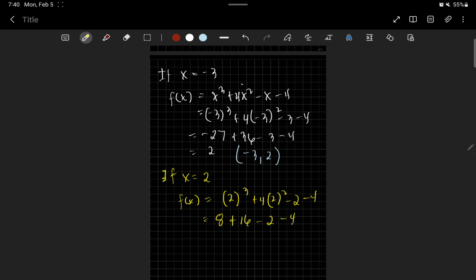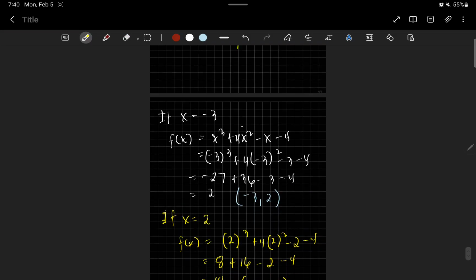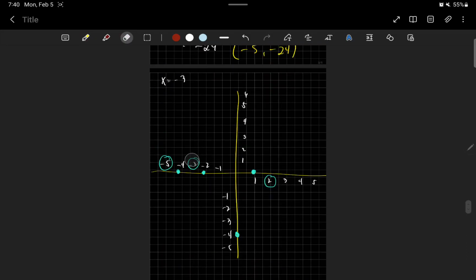Minus 2 minus 4. 8 plus 16 is 24, minus 2 is 22, minus 4 is 18. Therefore, the ordered pair here is (2, 18). Now, once you have the ordered pairs, we can plot these ordered pairs on our graph.